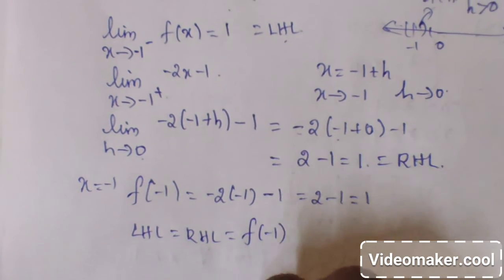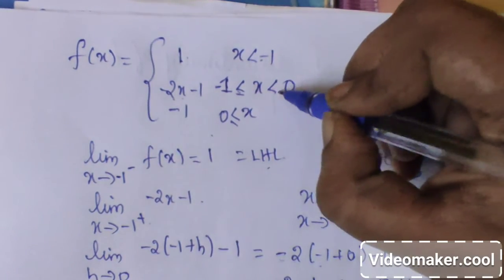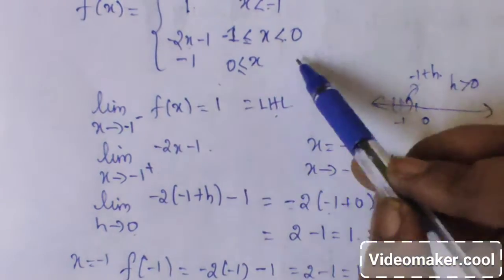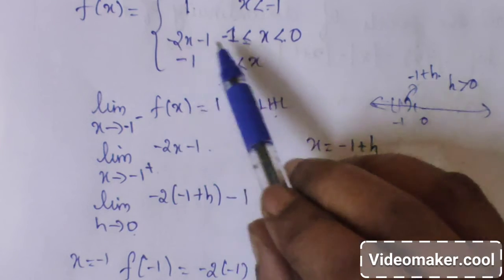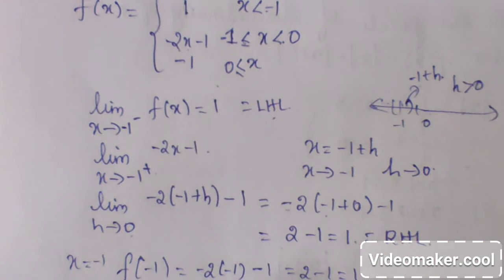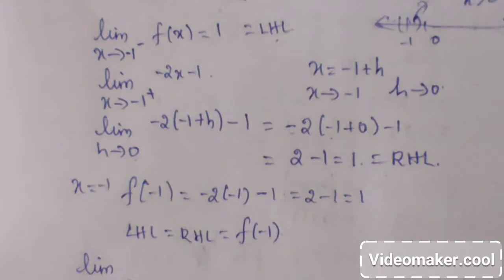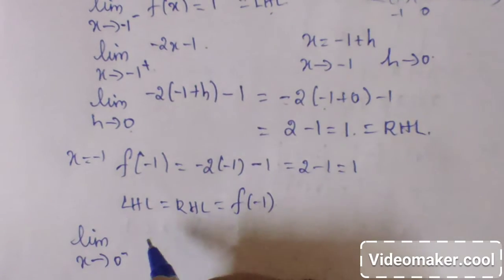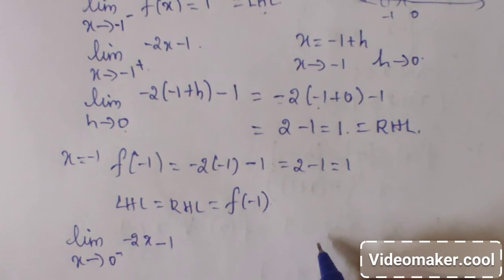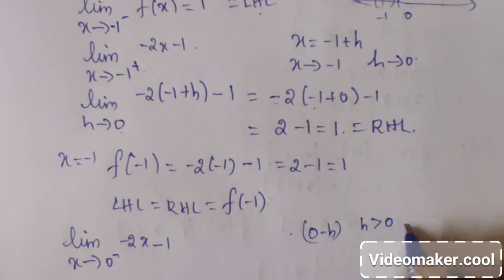Now we will check the continuity at 0. In the left hand neighborhood of 0 we have the function as -2x minus 1. So limit x tends to 0 from the left hand neighborhood of -2x minus 1. In the left hand neighborhood, we have elements as 0 minus h, where h is a small positive real number.